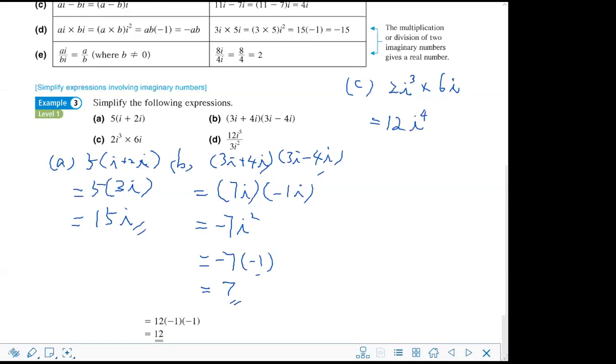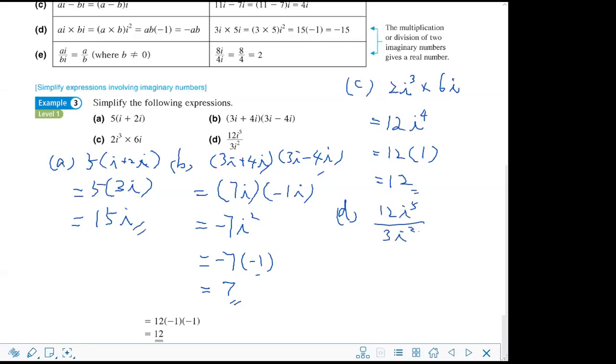I1 is I, I2 is negative 1, I3 is negative I, and then I4 is exactly equal to positive 1. So it is just 12. It's okay. And then part D, we have 12I to the power 5 over 3I squared.